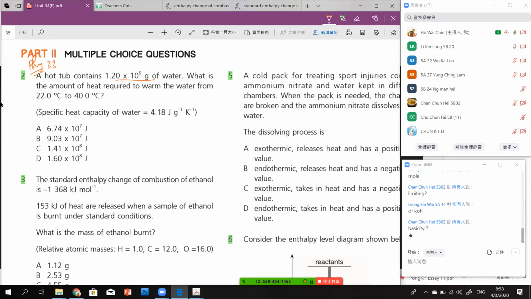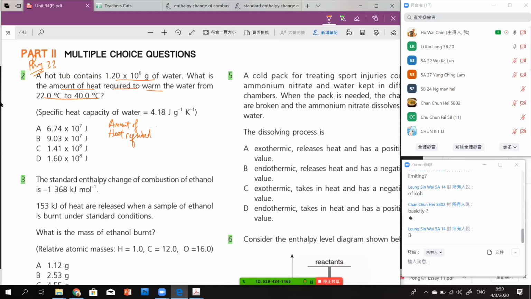What is the amount of heat required to warm the water from this to this? So you are going to find out the amount of heat required.